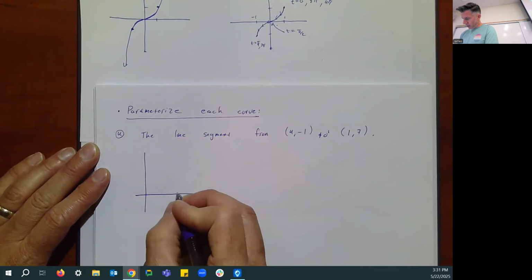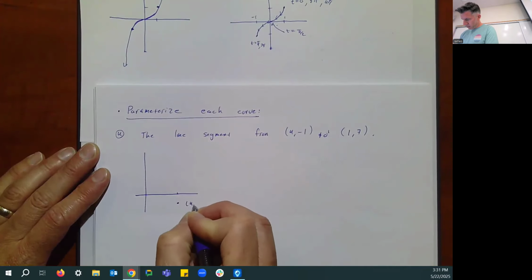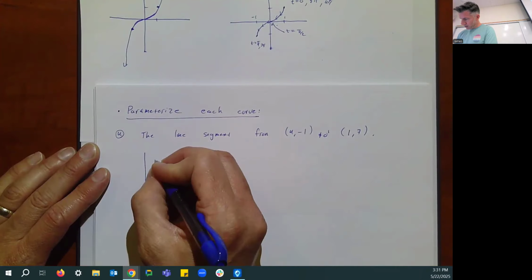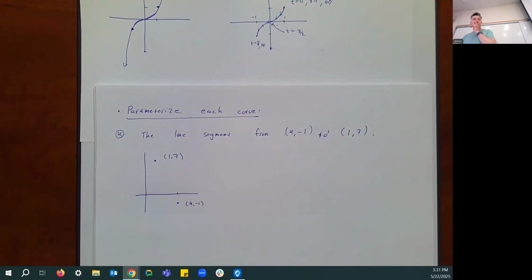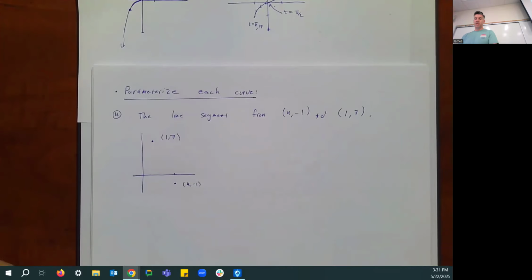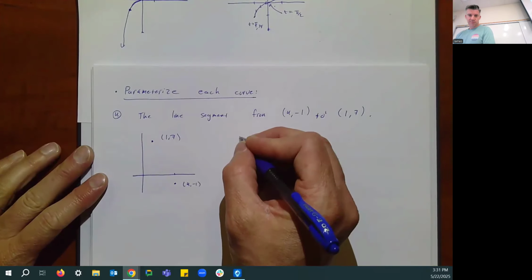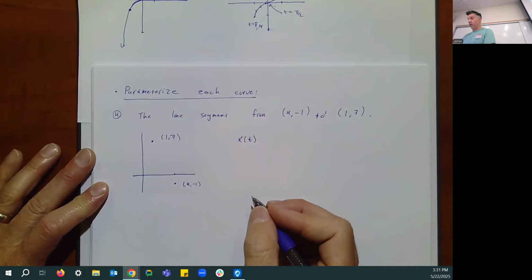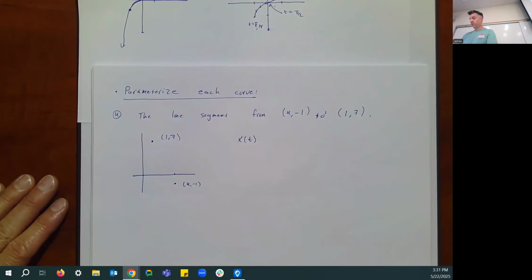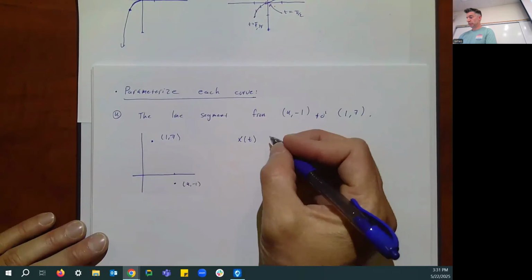So we're starting at 4, -1, and we're ending at 1, comma 7. Here's what I'm going to say. I know that x of t, the x coordinate, is going to start at where? 4 or 1? Should be 4.